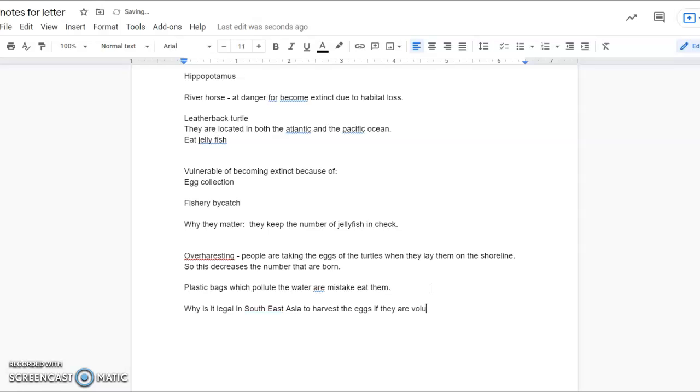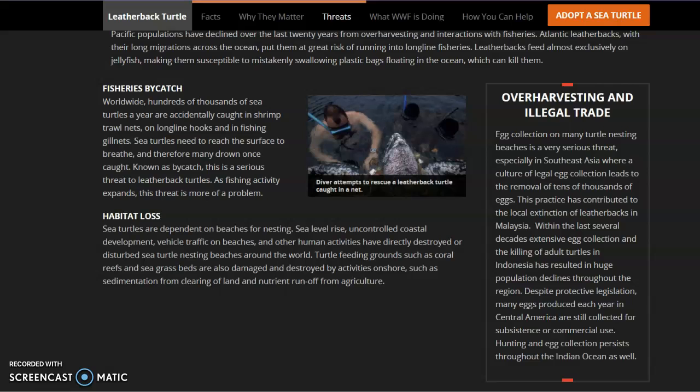They're not really endangered yet, but they could become vulnerable to extinction. Okay, so they're vulnerable to becoming extinct, so why are we still harvesting them in Southeast Asia? Why are they allowing that to go on?